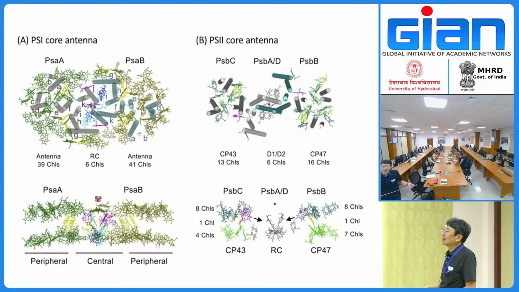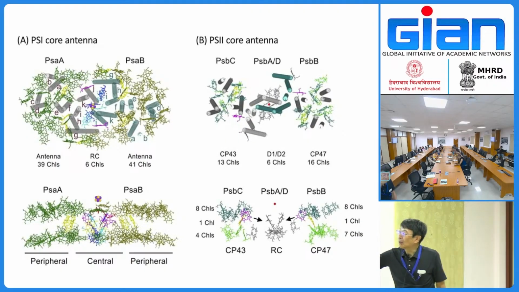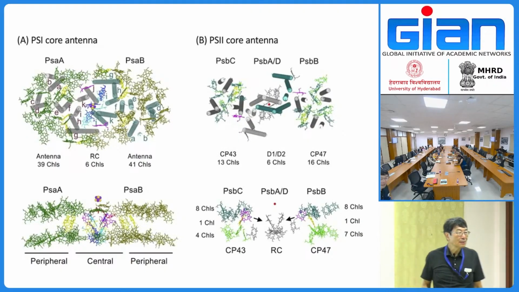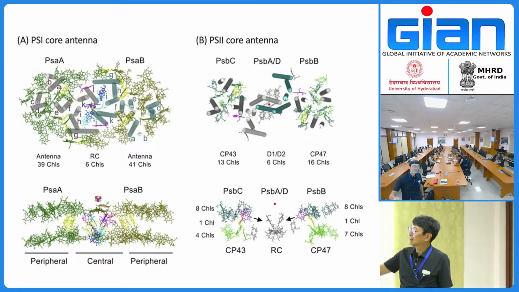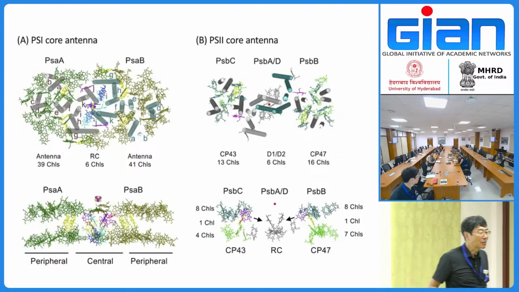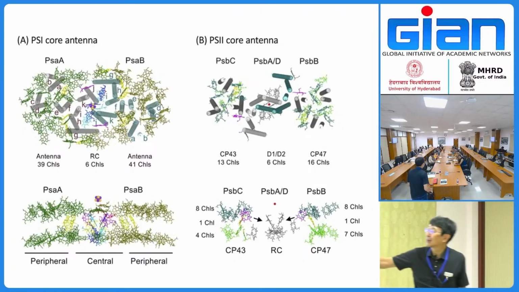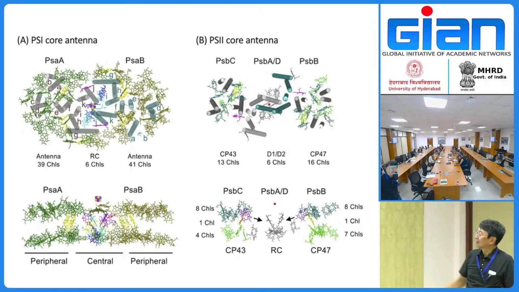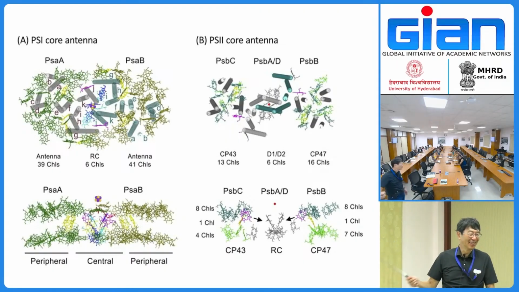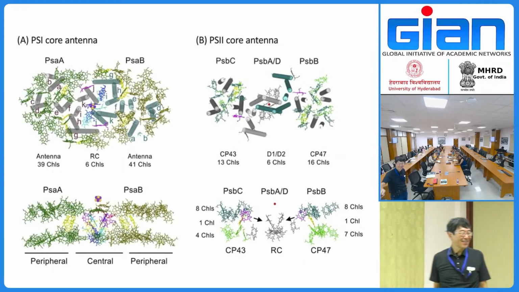And if you look at the number of pigments, PS1 and PS2, you can find more chlorophyll molecules in PS1, right? The PS2, no, more spaces. That's different.